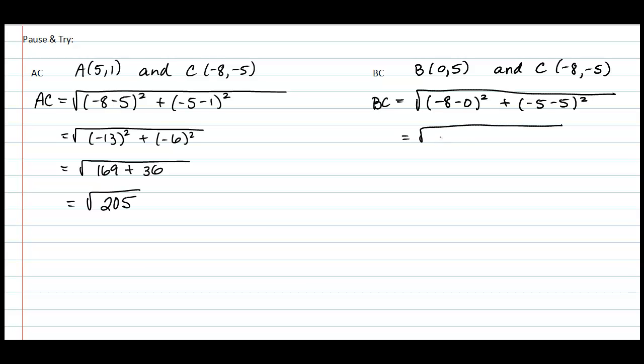The square root of -8 squared plus -10 squared. Simplified, it would be the square root of 64 plus 100. And the distance of BC is going to be the square root of 164.